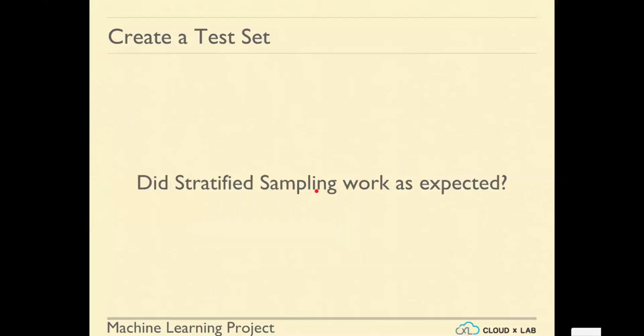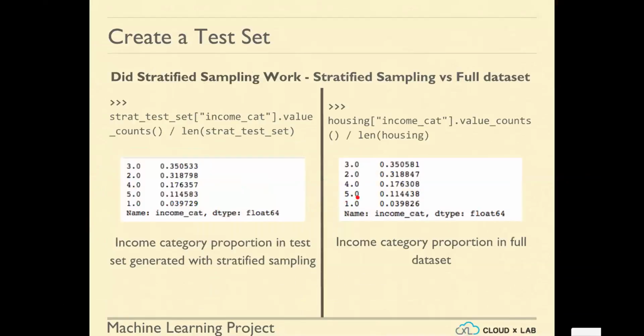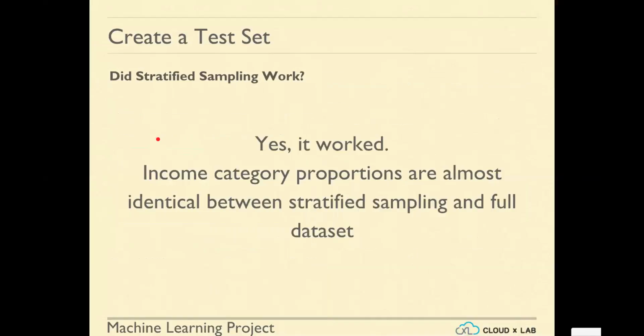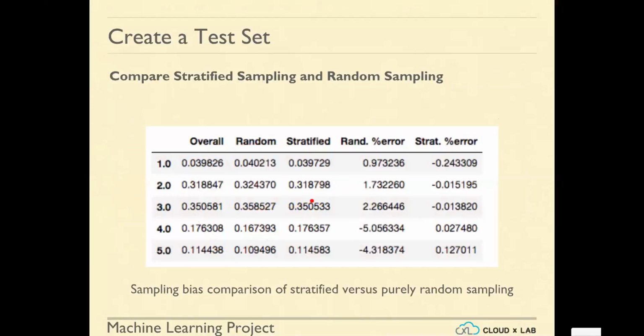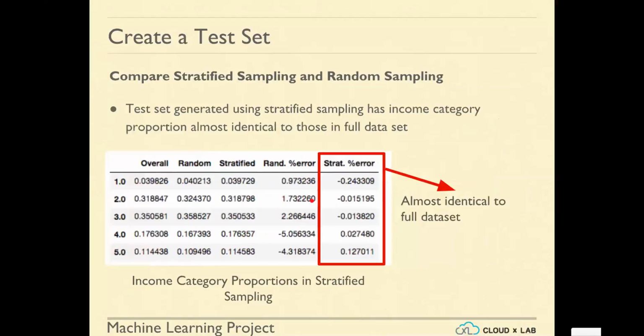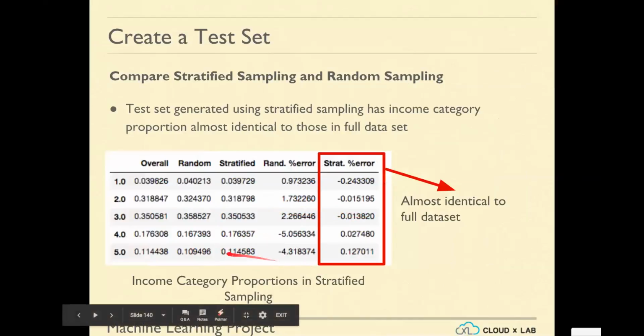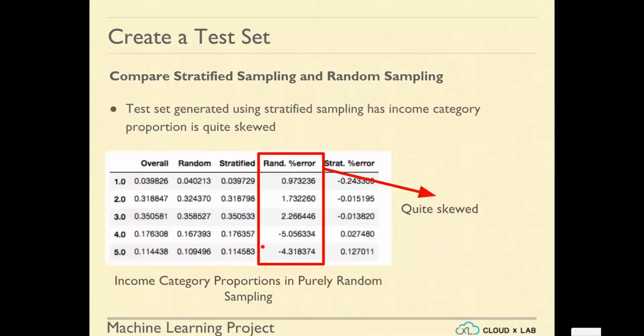Then we did this, and yes, it did work. We compared the stratified sampling and this, and we did a proper comparison here. The observation is that the stratified sampling is doing good.